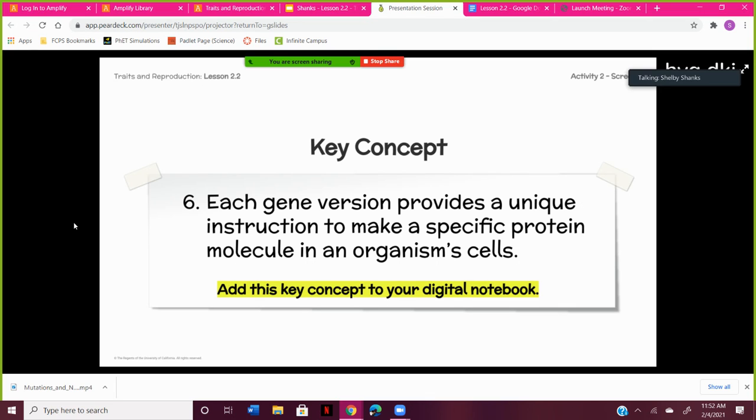There was F1, F2, F3, and those all stood for different protein molecules going into the cell. And if you changed those for the spider silk, you may have changed it from a low spider silk to a high or a medium spider silk. So make sure you get this key concept down in your notebook, and we'll move on here in about 15 seconds.